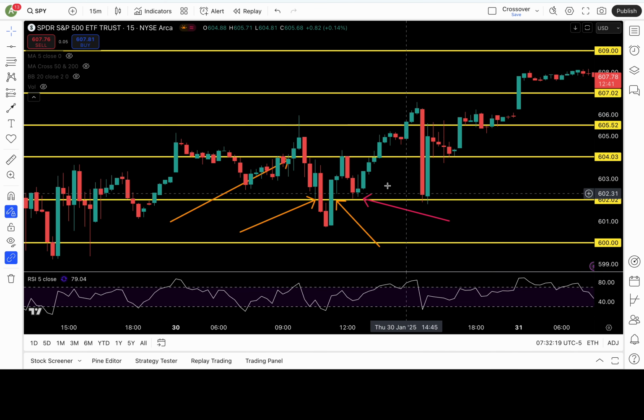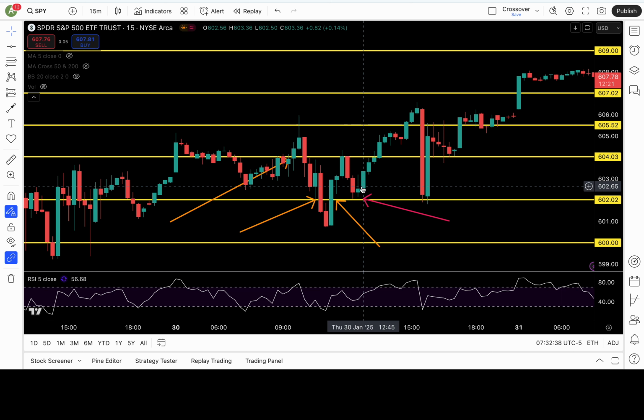This example right here is how you're able to make sure. How do we know it's not a fake out? You watch for the back test. If we recaptured it and it turns into support, that's a good sign that the breakout is legit.